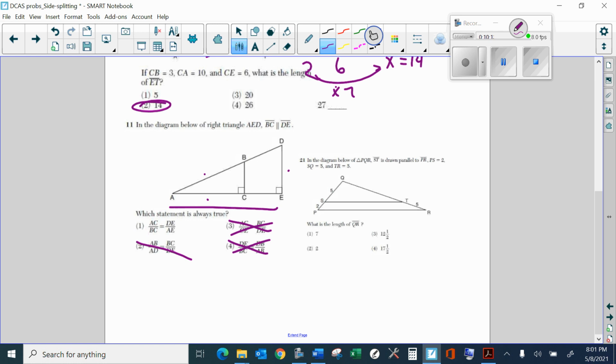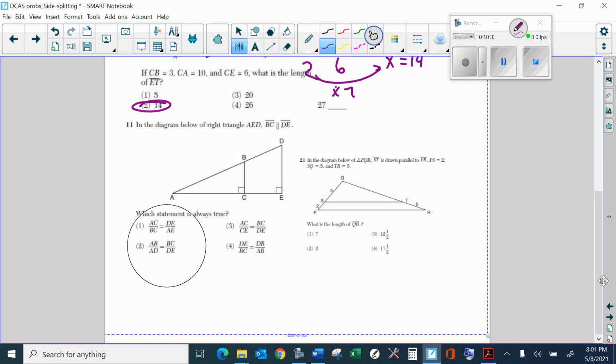Yes, full side to full side. That makes sense now. AC over BC equals DE over AE. Correct. Full side to full side, small to large. So the answer is 1.